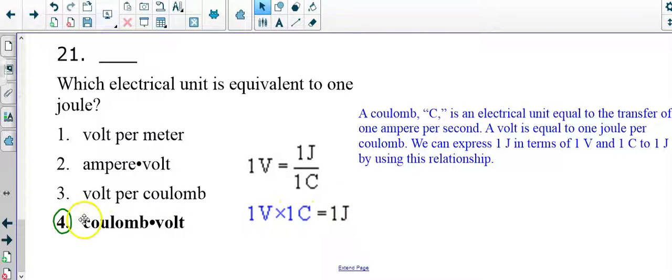This is the kind of problem where electrical units get a little bit kooky because there's so many different ways of expressing different units, and the combinations of each are equivalent. So this is one of those. Joule equals volt coulomb. All right, let's take a look at another one.